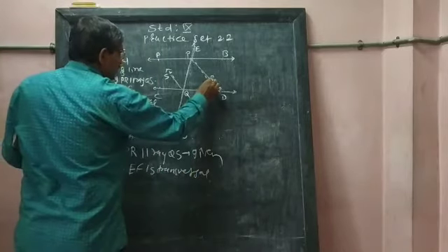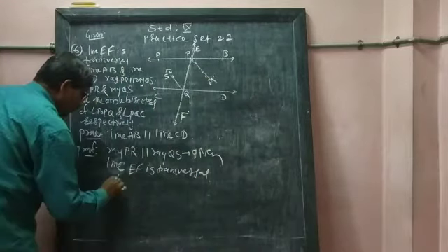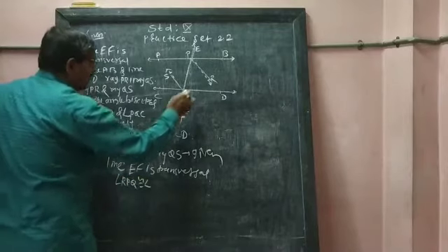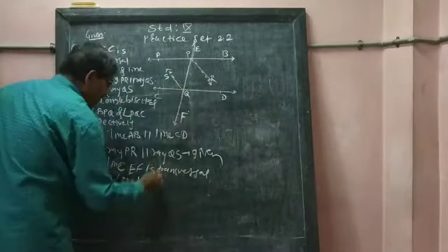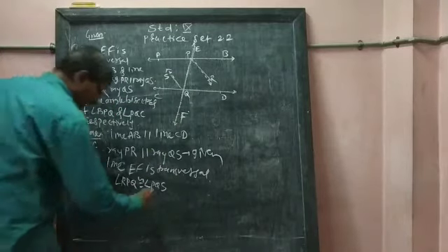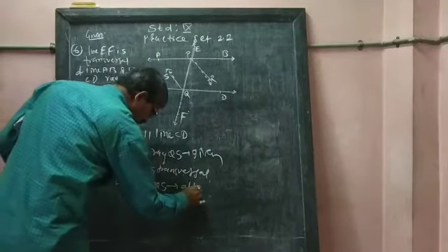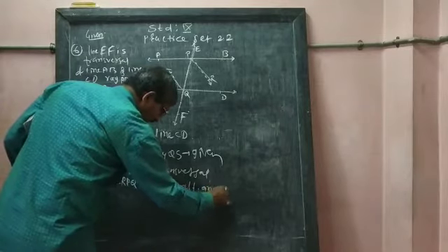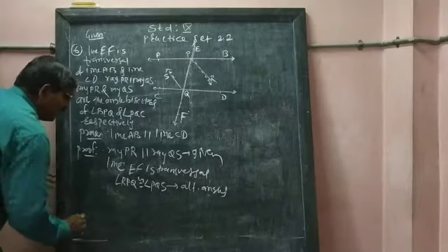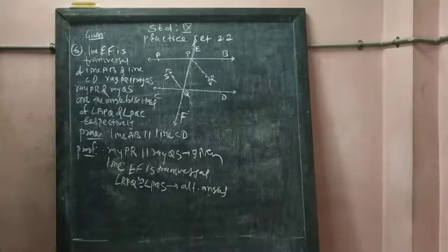Then what happens? Angle RPQ is congruent to angle PQS, alternate angles. But then we will take twice RPQ.